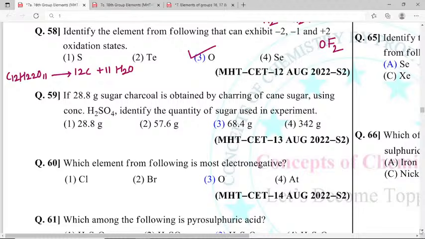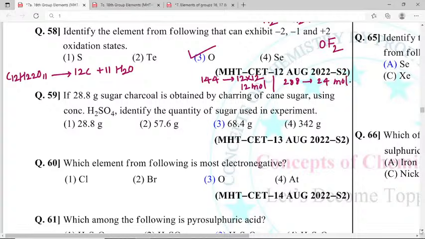So 28.8 gram. 144 is equal to 1 mole, and 12 grams of C is 1 mole, so 12 into 12 gives 12 mole actually. If I multiply by 2, this is 288, so this is 24 mole.